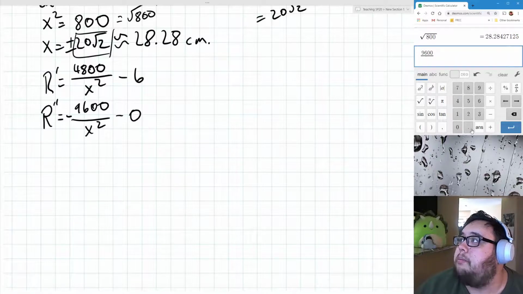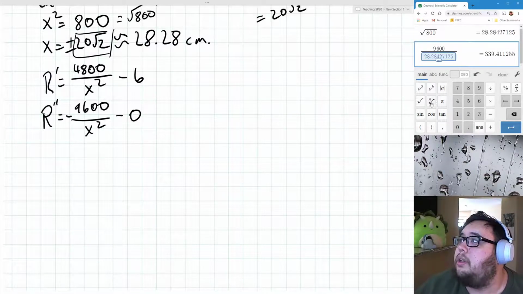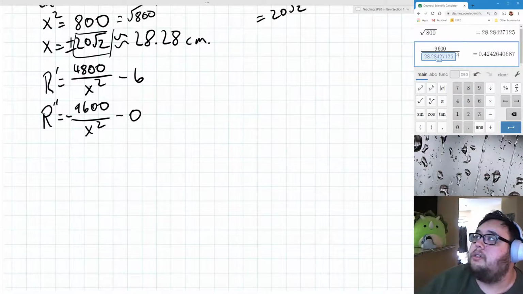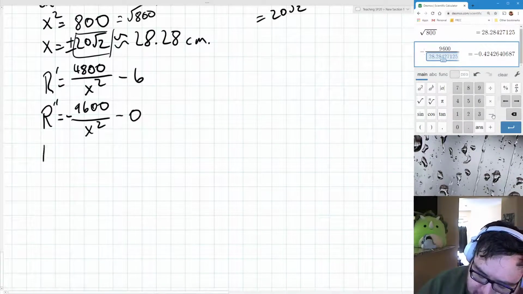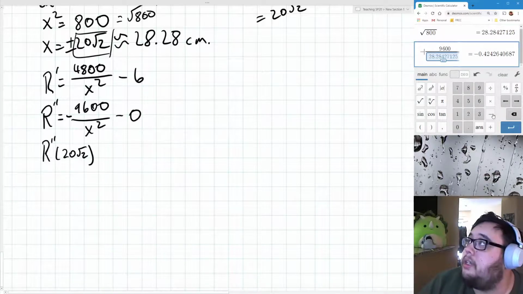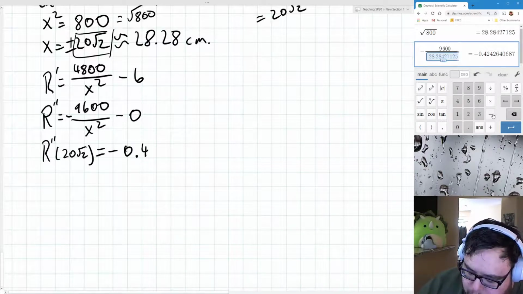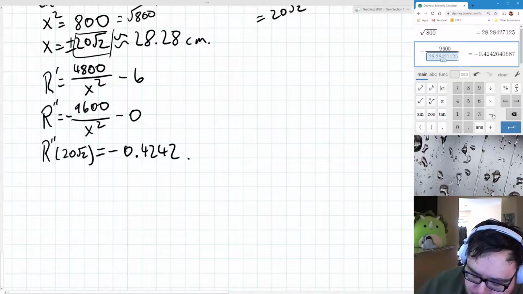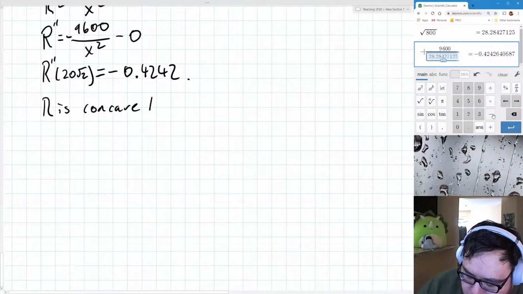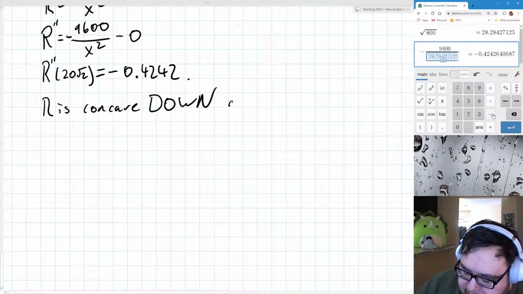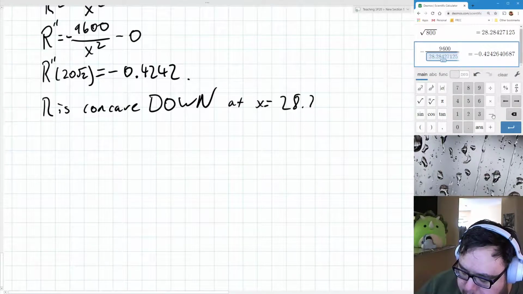9600 divided by the square root of 800 cubed, with a negative in front of it, is a negative number. R double prime of 20 square root of 2 is negative 0.4242. So R is concave down at x equals 28.28.